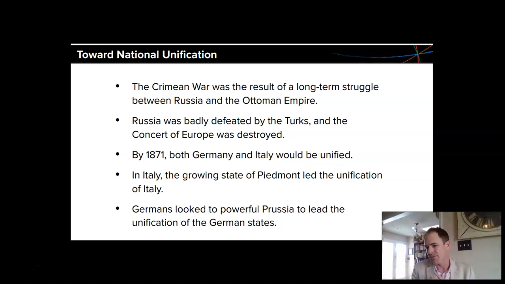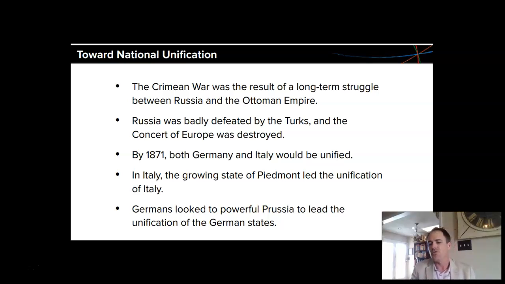And that work to preserve the existing order is what breaks down as traditional allies of Russia didn't support Russia, and traditional allies of the Ottoman Empire didn't either. So everyone's starting to feel kind of nervous about the intentions of others in Europe.